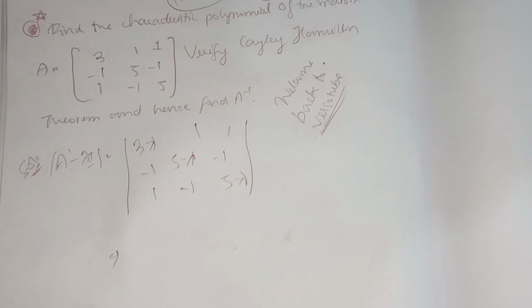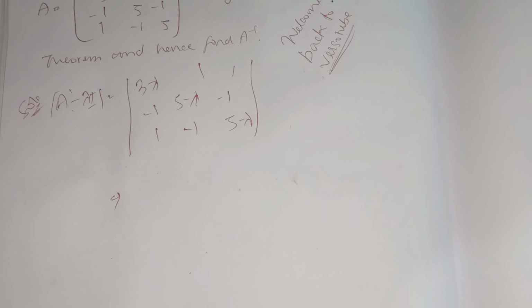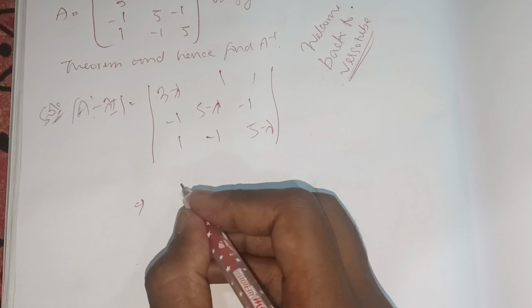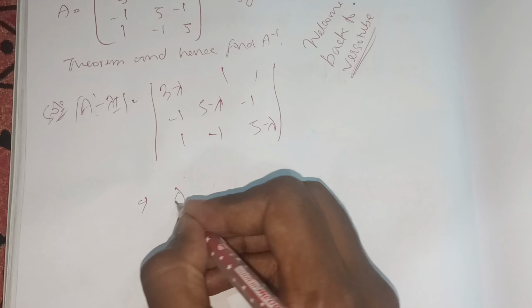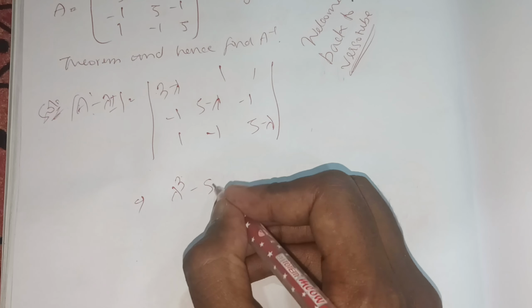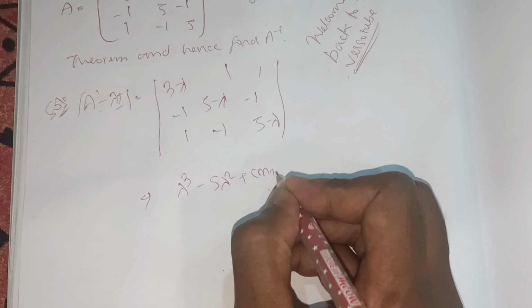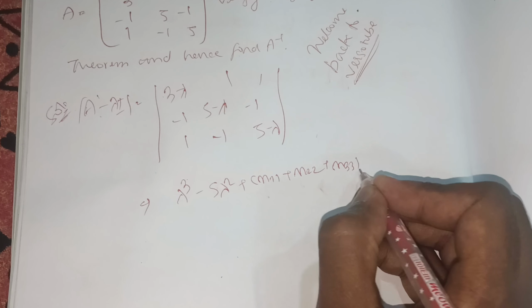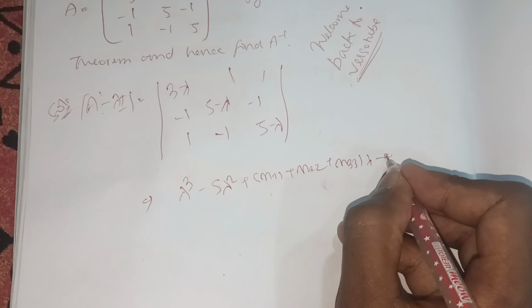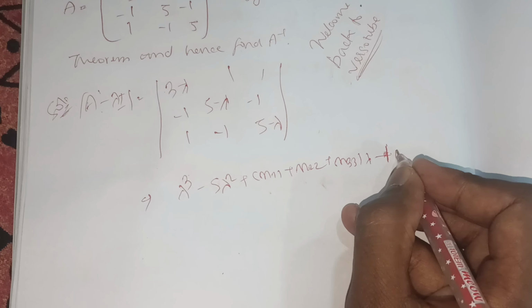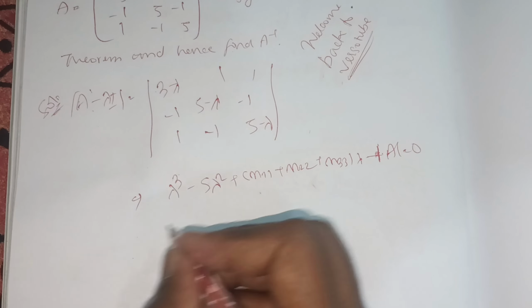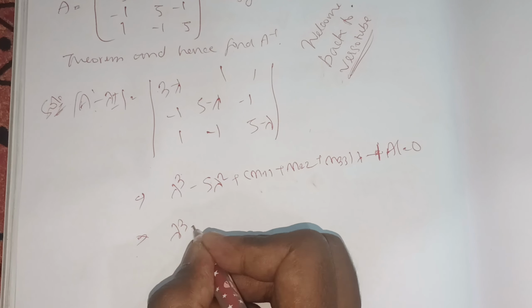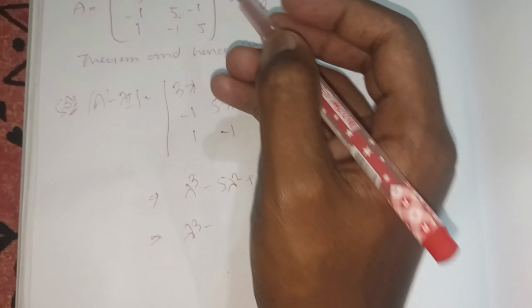For taking the characteristic equation of this given matrix, there is a short trick: lambda cube minus S lambda square plus (M11 plus M22 plus M33) lambda minus det A equal to 0. So here lambda cube. S is what here? 3 plus 5 plus 5, 13.